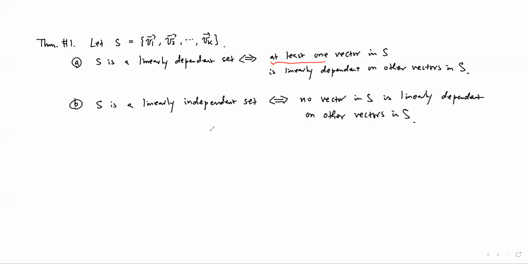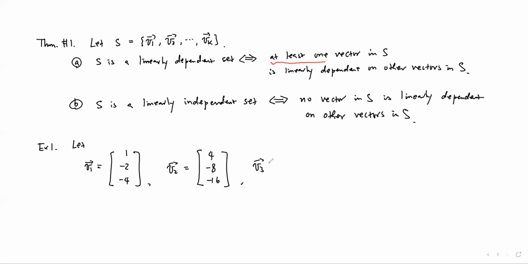Now, definitions, theorems, then examples. Example 1. We have 4 vectors: V1 = (1, 2, -4), V2 = (4, -A, 16), V3, V4.